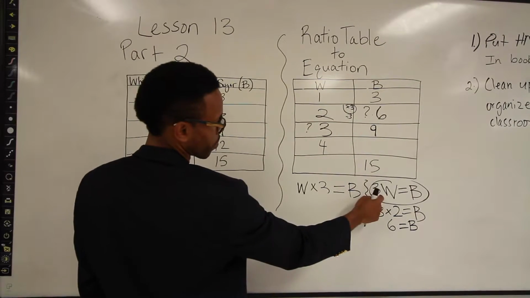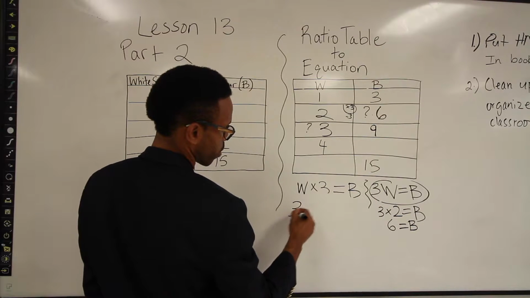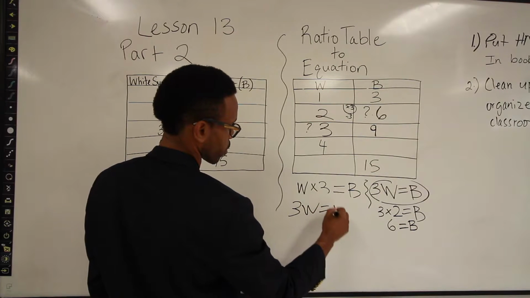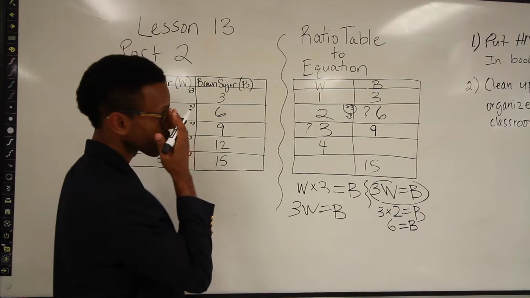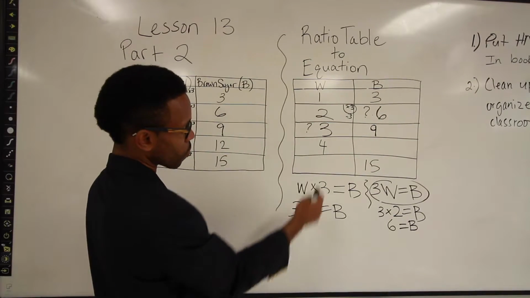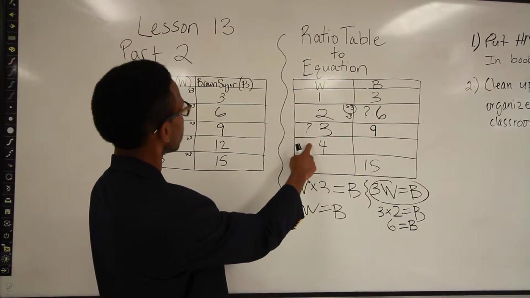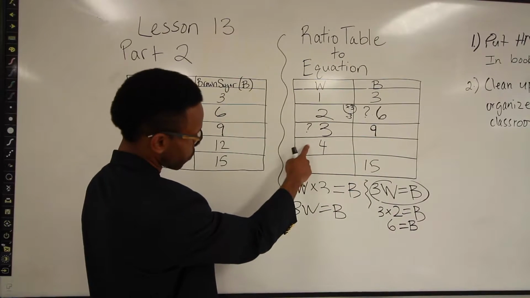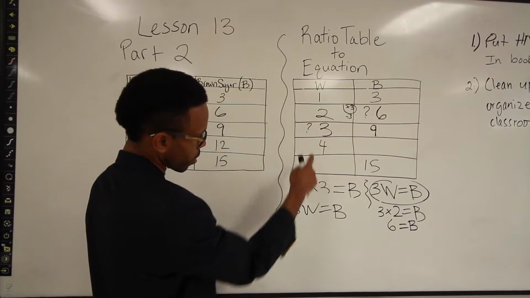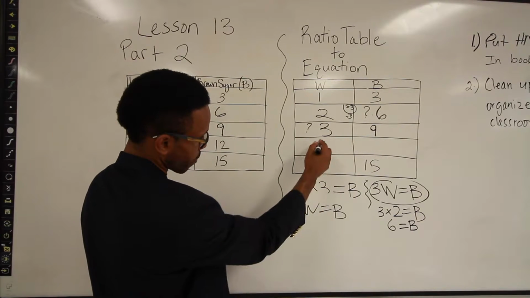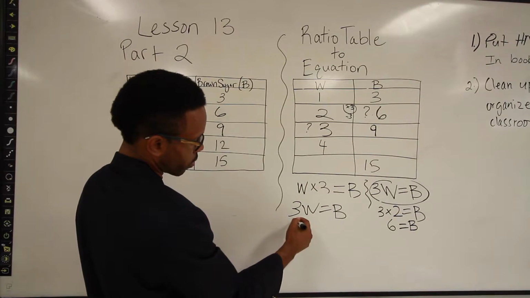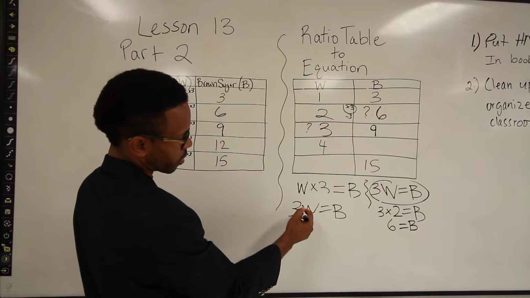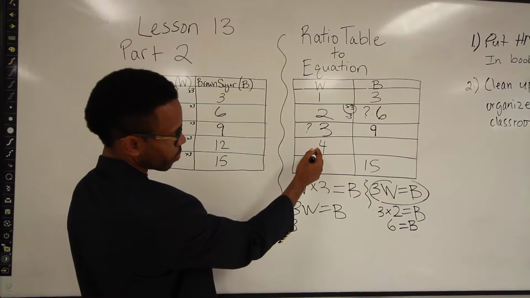Again, remember, we're piggybacking off of this equation. I'm just going to write it over here so we can have it closer. So now I have the white cups of sugar. I have the amount of cups of white sugar here is 4, that's given to me. Okay, so I'm going to plug that 4 into my equation. So that's going to be 3 times W. What's the W?